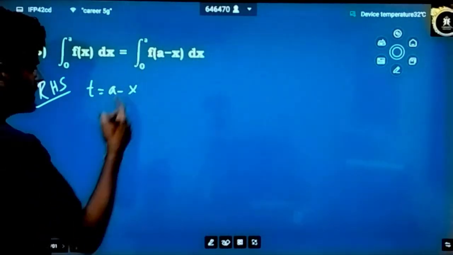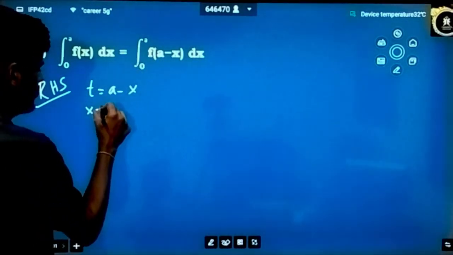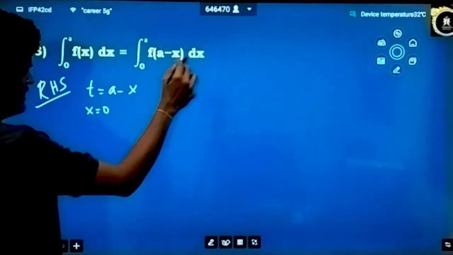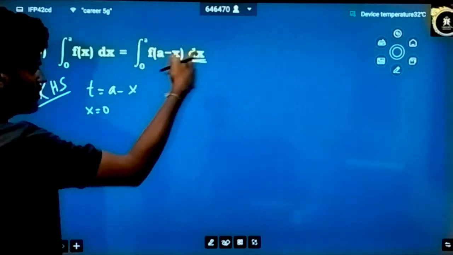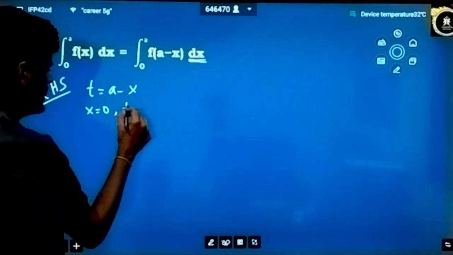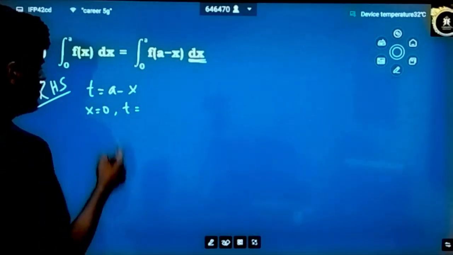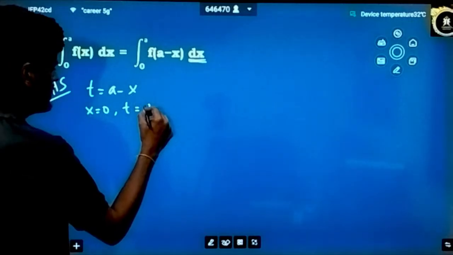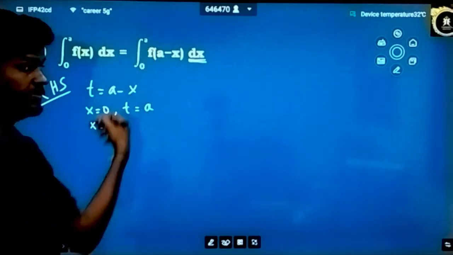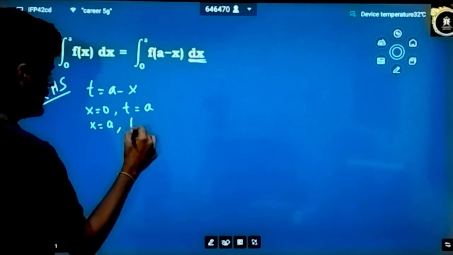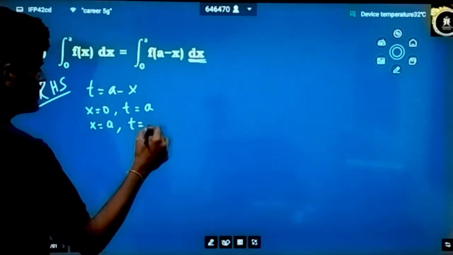The variable of integration is x. So we will substitute x equal to 0, the lower limit, then t becomes A minus 0, that is A. Second, let x be equal to the upper limit A, then t will be equal to A minus A, that is 0.